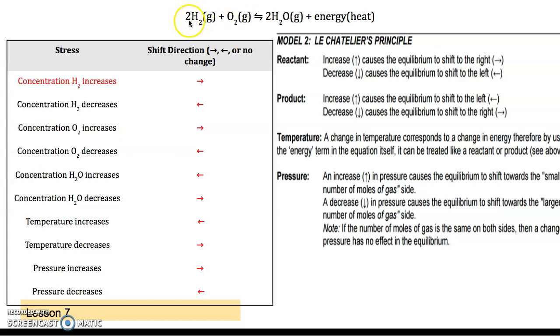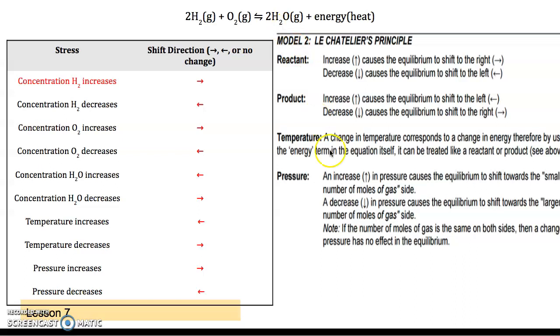So if I look over here, the coefficients here, remember, represent moles. So on the reactant side, I have 1 plus 2 moles. So there's a total of 3 moles of gases here. There's a total of 2 moles of gases here. Okay, so 1 plus 2 equals 3. This one, there's only one product, so it has 2 moles, so 2 moles here.